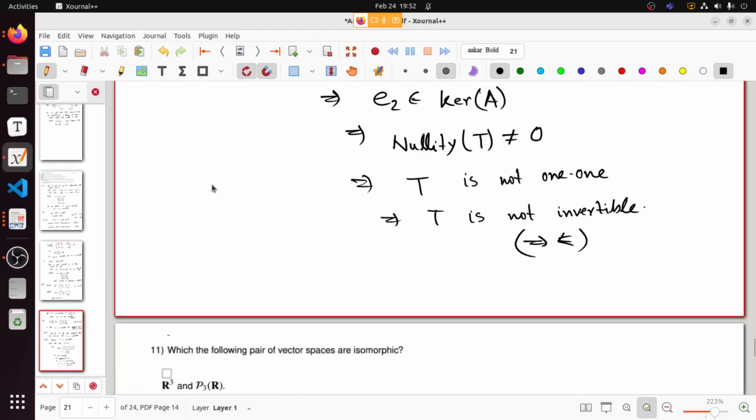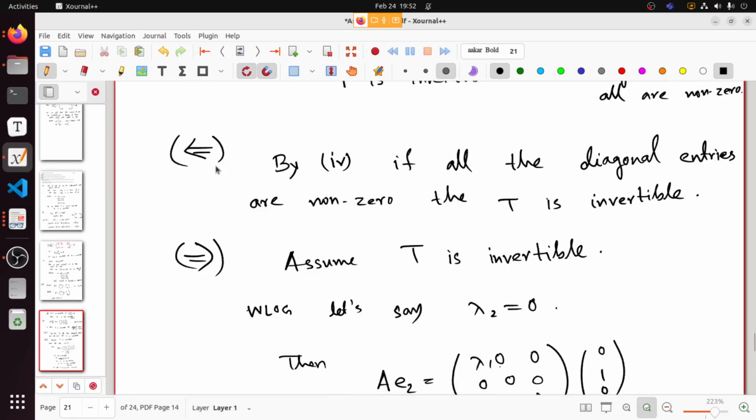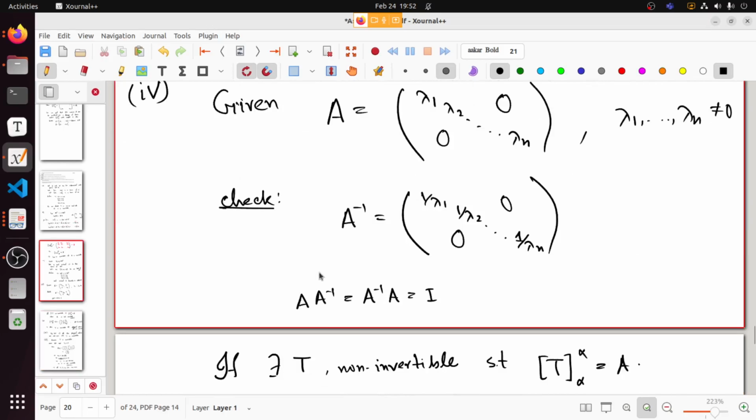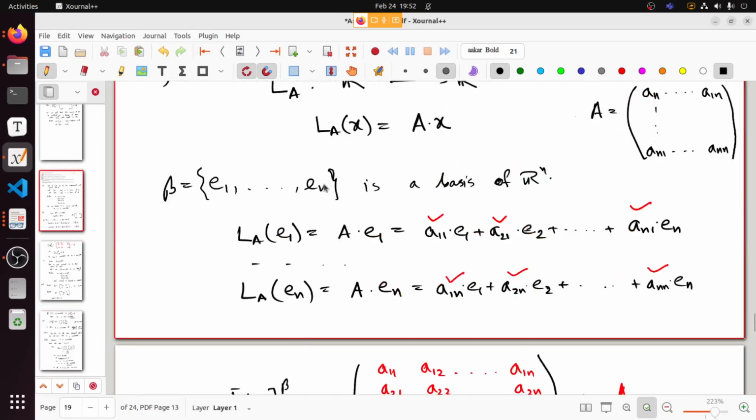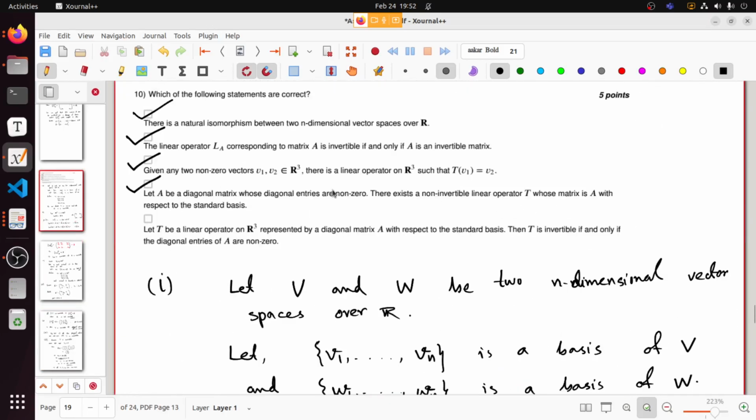Which implies all of lambda 1, lambda 2, lambda 3 are non-zero. So we get that the 5th option is also correct: if A is a diagonal matrix, then T is invertible if and only if all the diagonal entries are non-zero.